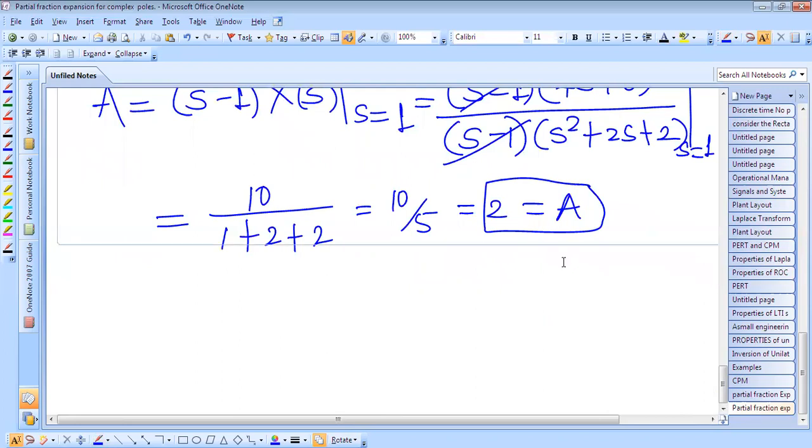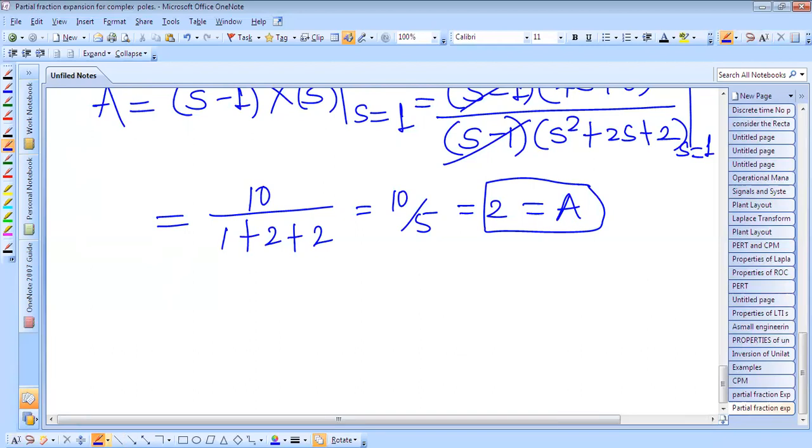These coefficients B1 and B2 can be found as follows. The remaining expansion coefficients B1 and B2 are obtained by placing both the terms on the right hand side of the expanded equation over the common denominator and equating the numerator of the result to the numerator of X(s).